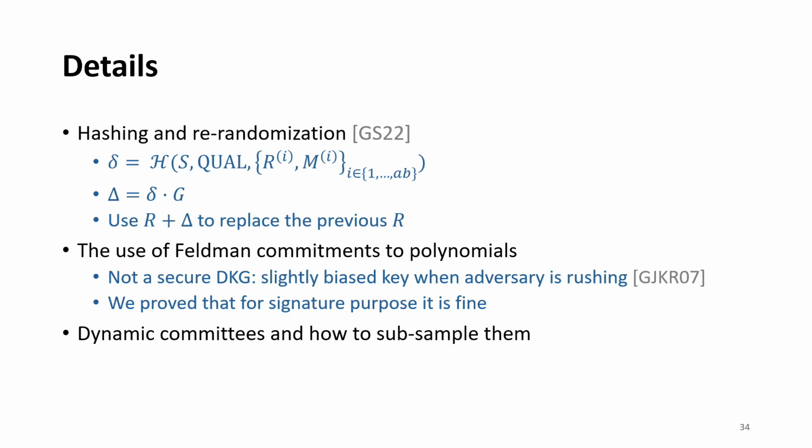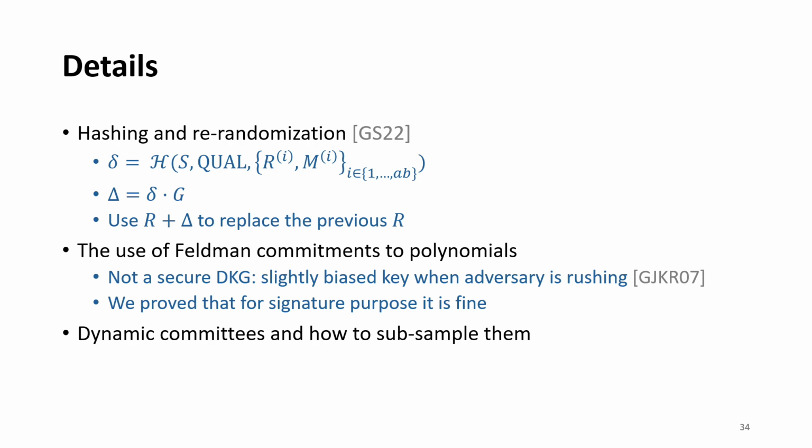Okay, so finally, I want to mention some important details in the paper related to security and also extended features of Sprint. First, to make this multi-message signing work, we need to use some different hashing and re-randomization tricks that are different from the standard threshold Schnorr.